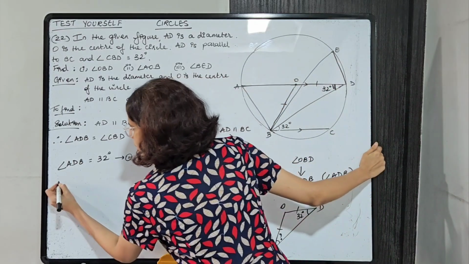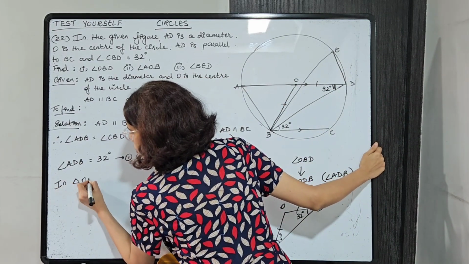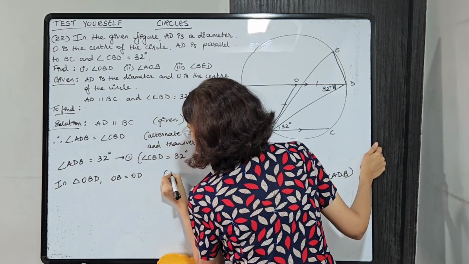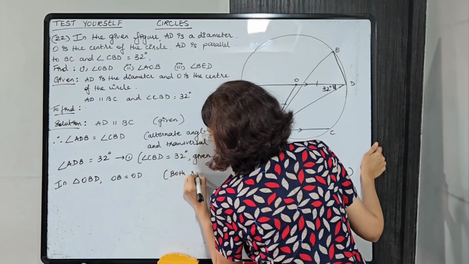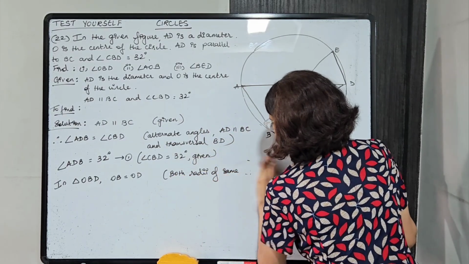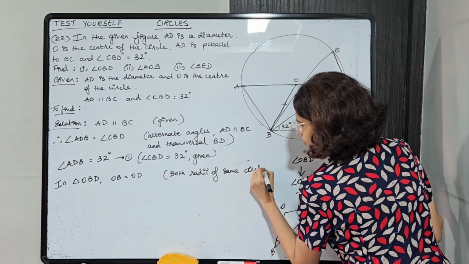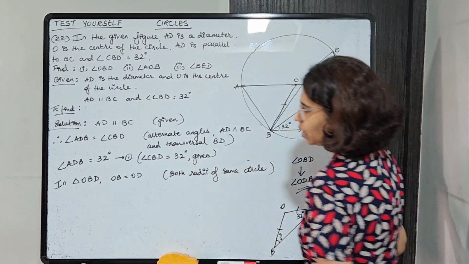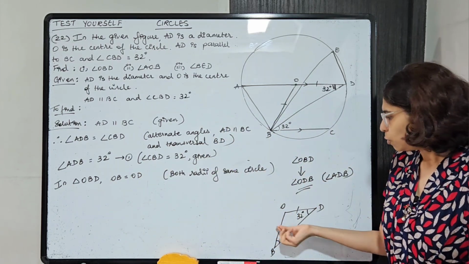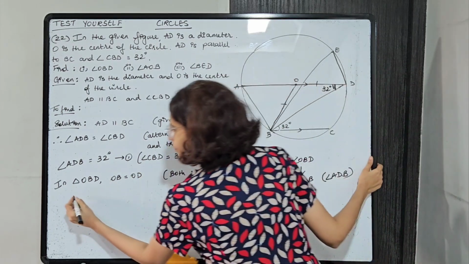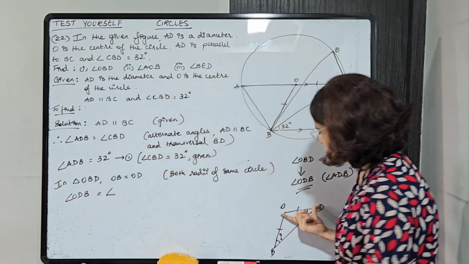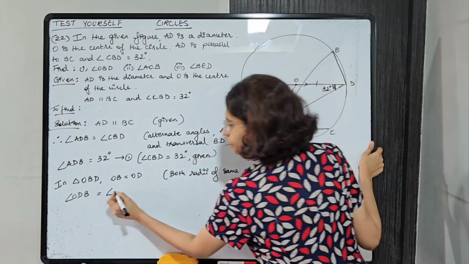So write down in triangle OBD, OB is equal to OD, both radii of the same circle. OB and OD are equal, so the angles opposite to OB and OD will be equal. The opposite angle of OB is ODB, the opposite angle of OD is OBD.